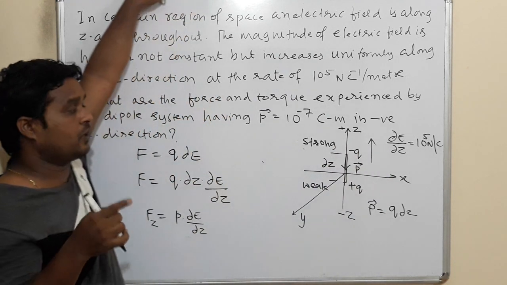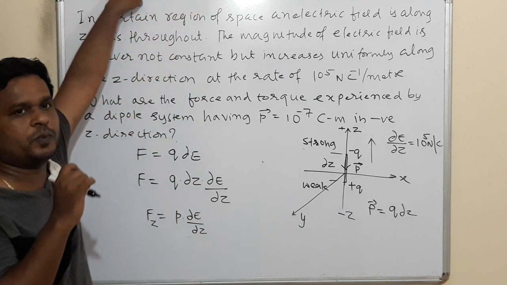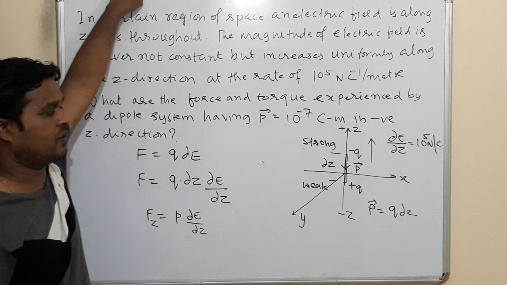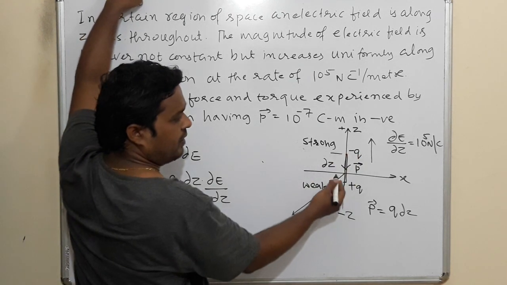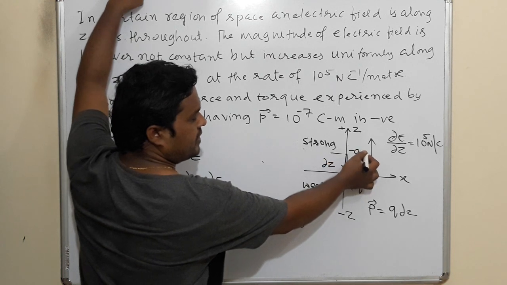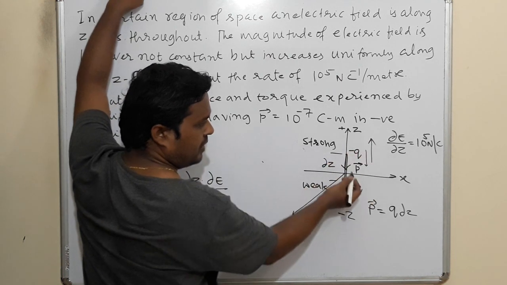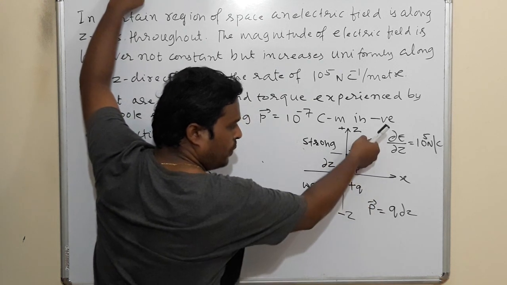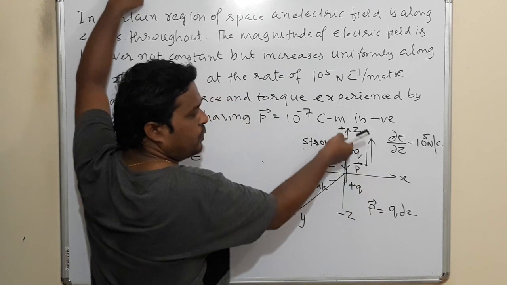You remember what I told you when I explained what happens with a dipole placed in a non-uniform electric field. If it is anti-parallel, the negative charge will be pulled opposite to the direction of the field with larger force, and the other will have less force.